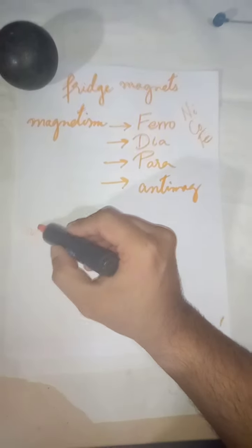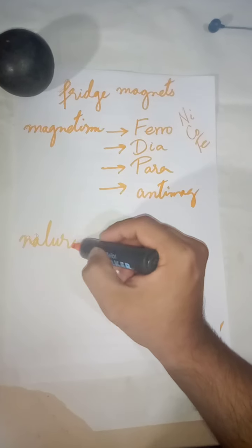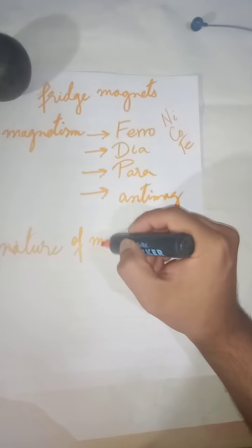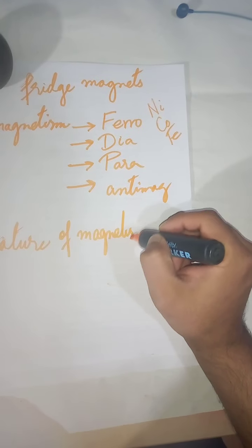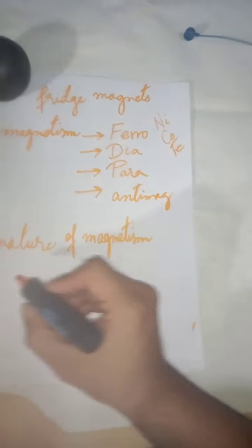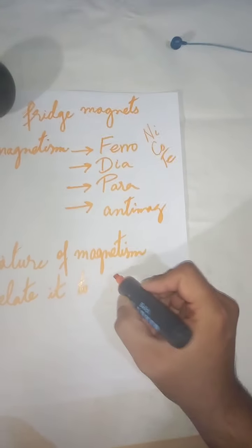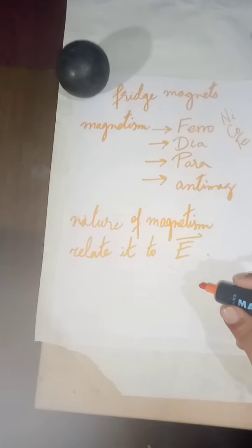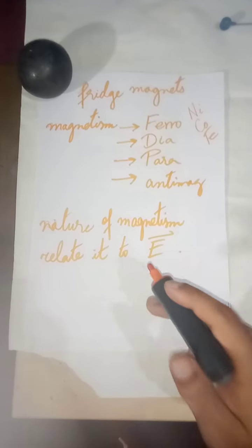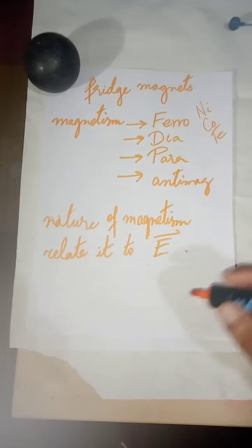So that being said, I then reflect upon the philosophical nature of magnetism as a phenomenon, and I relate it to electricity, the E field. I tell them that just like you've got electric field formulae, you have magnetostatic and magnetodynamic formulae as well that are similar to the E field.